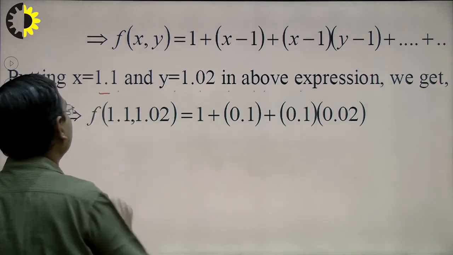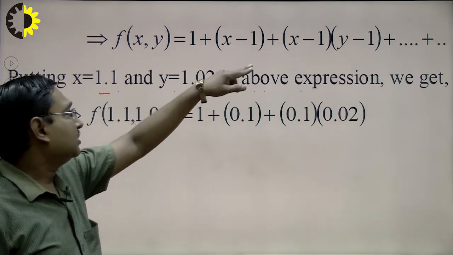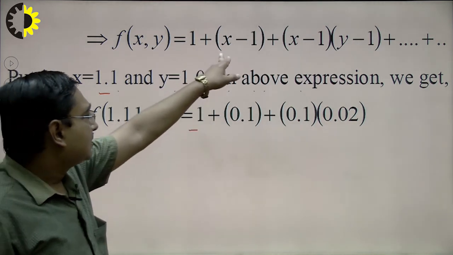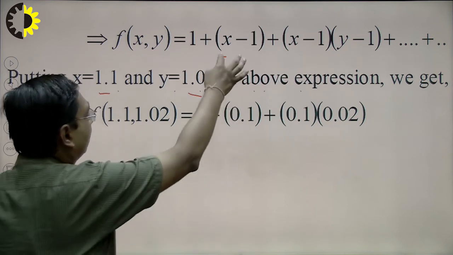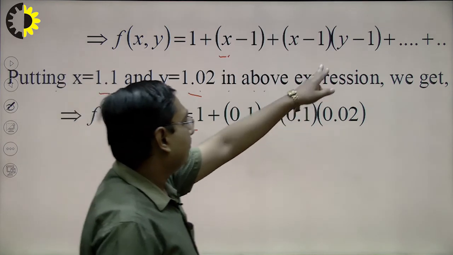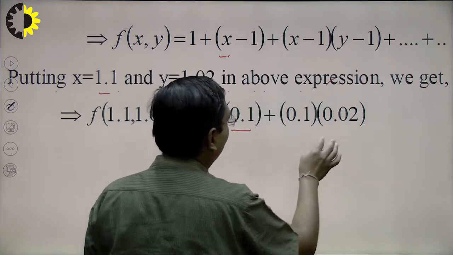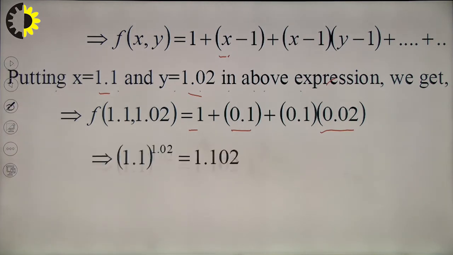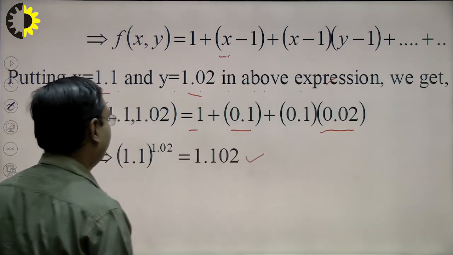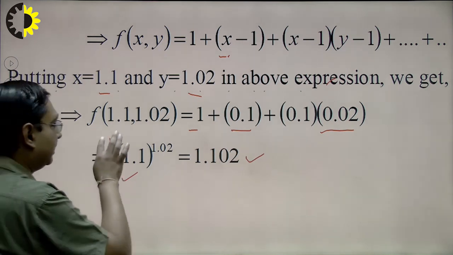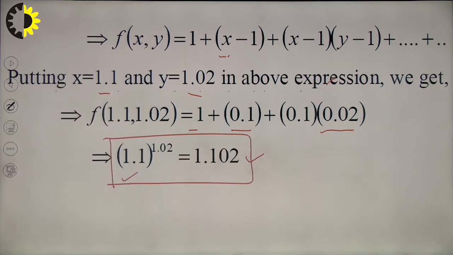Substituting x equal to 1.1, y equal to 1.02 in this expression, I obtain this is 1, x is 1.1, so 1.1 minus 1 will give 0.1, y minus 1 will be 1.02 minus 1, that is 0.02, and simplification gives this right hand side, and this f(1.1, 1.02) is nothing but 1.1 raised to the power 1.02, and it is our required value.